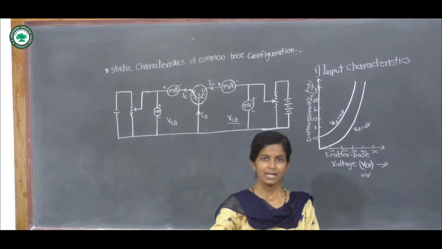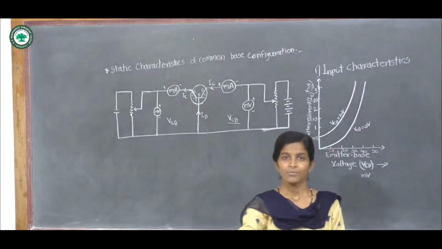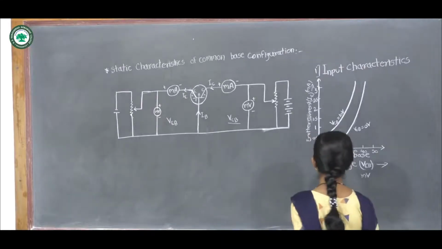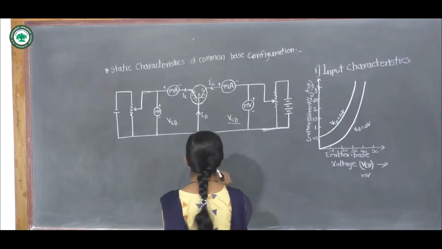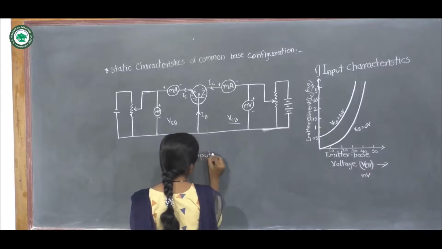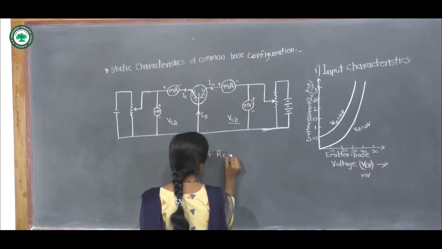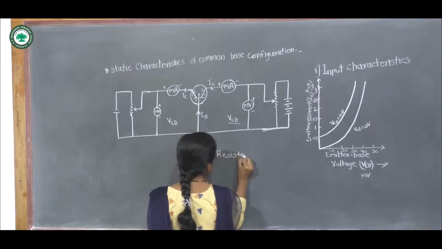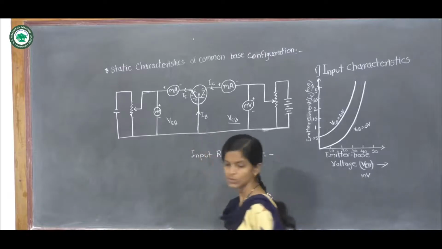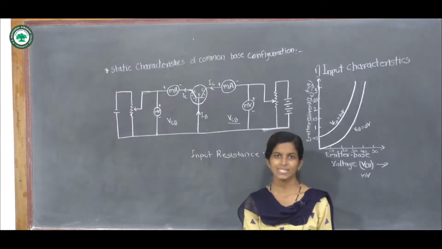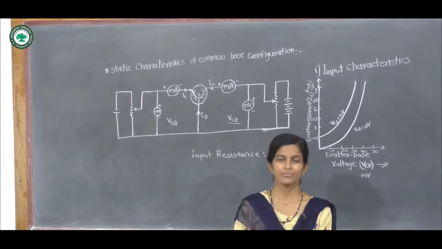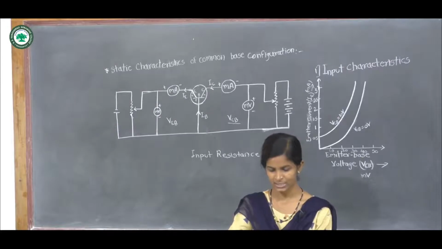From this, one has to take into consideration the entity, that is input resistance. Input resistance is nothing but small change in emitter base voltage as a function of emitter current.